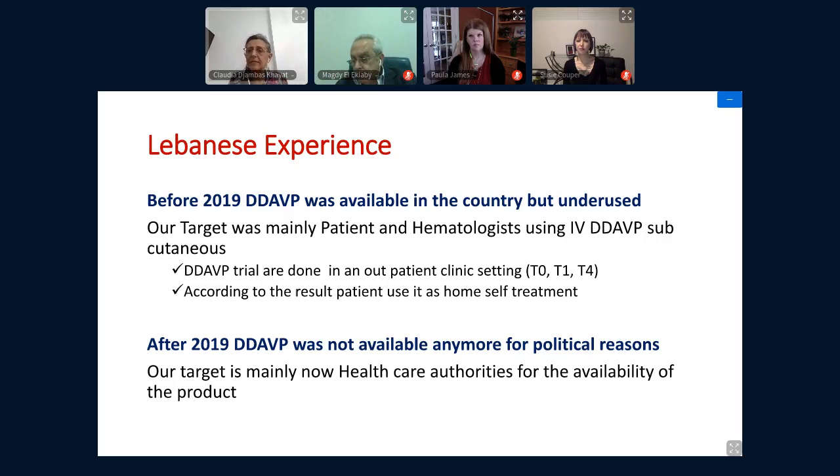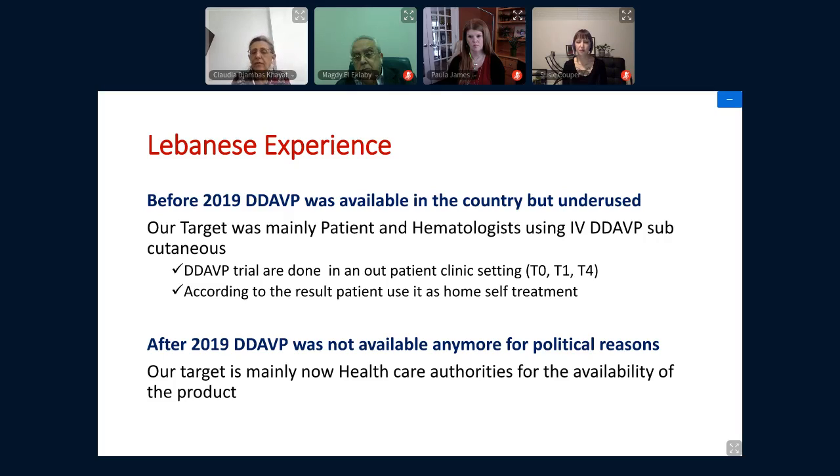It's something like this, not something else. So during every consultation with a von Willebrand patient, we discussed DDAVP and the effect of DDAVP and how it works, and we proposed to do a test.